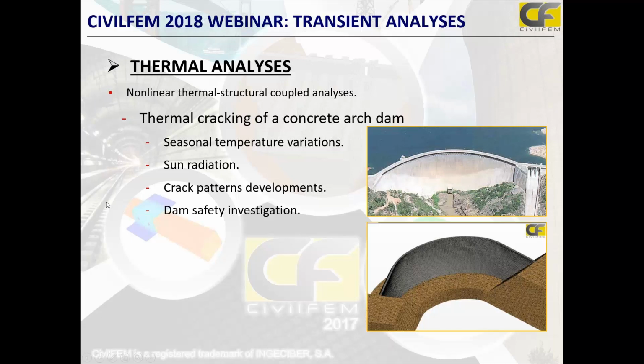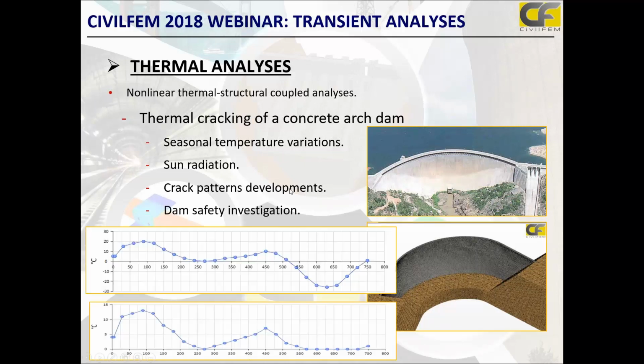Another type of thermal analysis very typical is thermal cracks on a concrete arch dam, to include seasonal temperature variations. For example, summer and winter temperatures can be placed upstream or downstream.